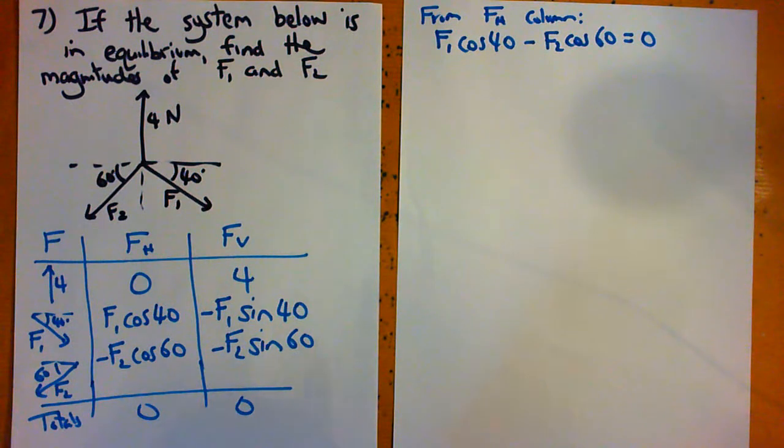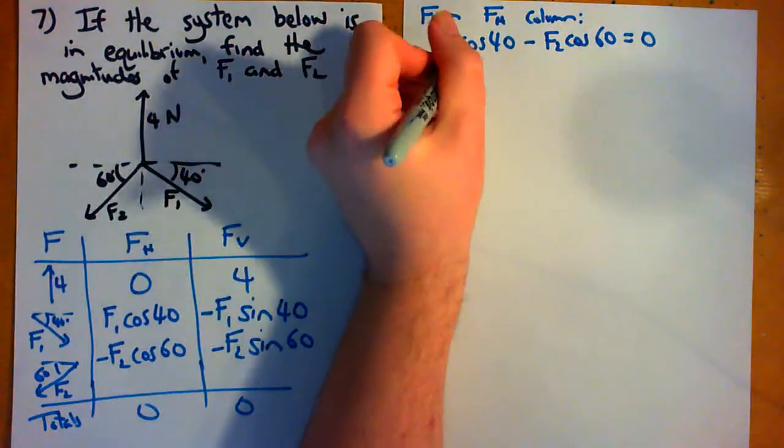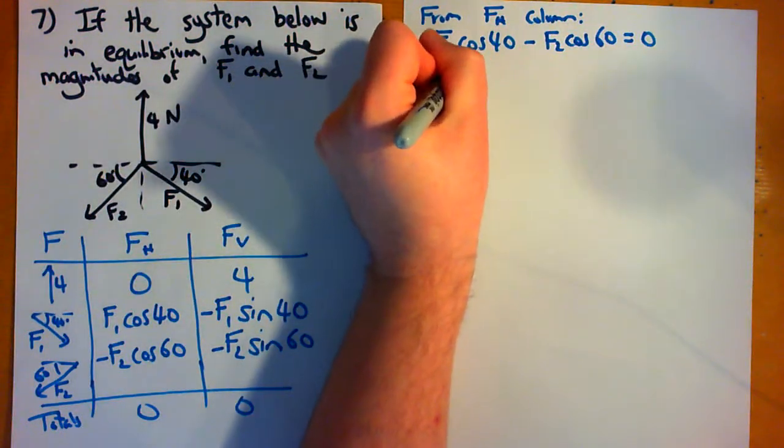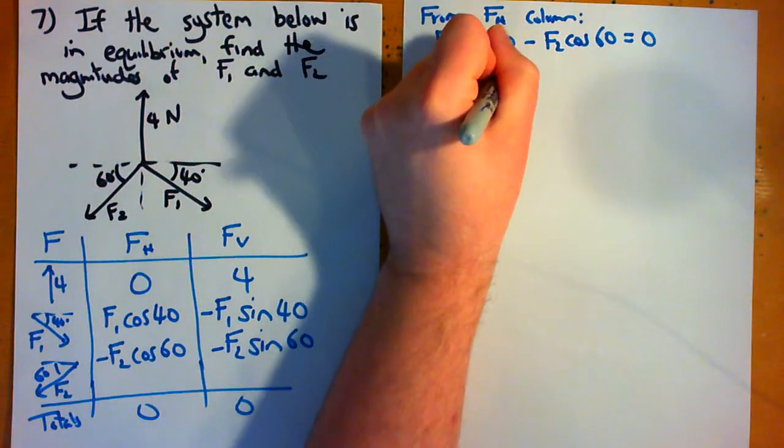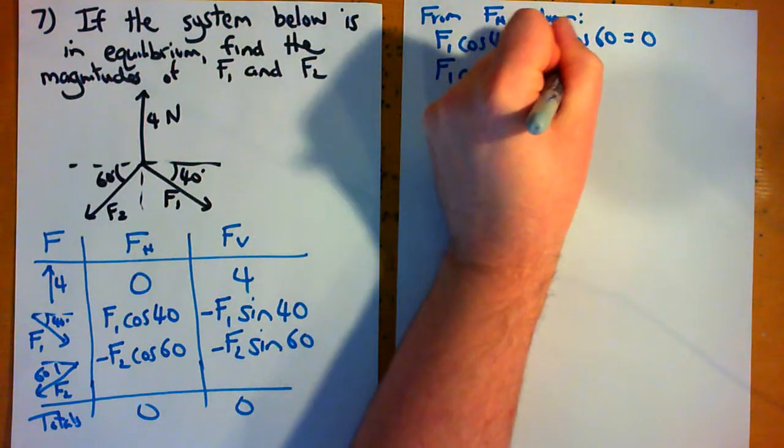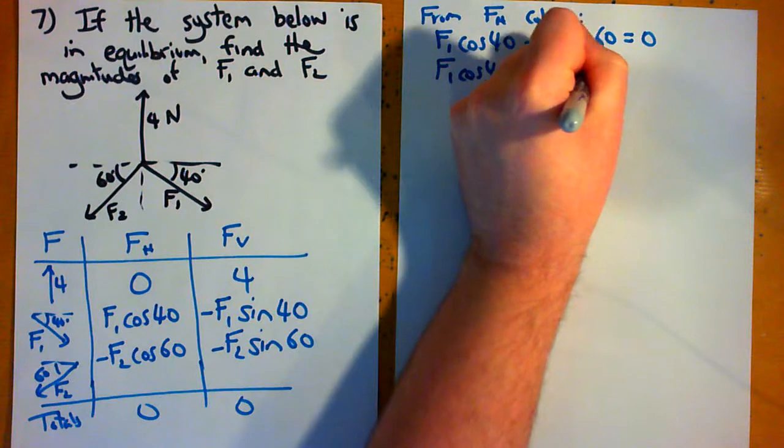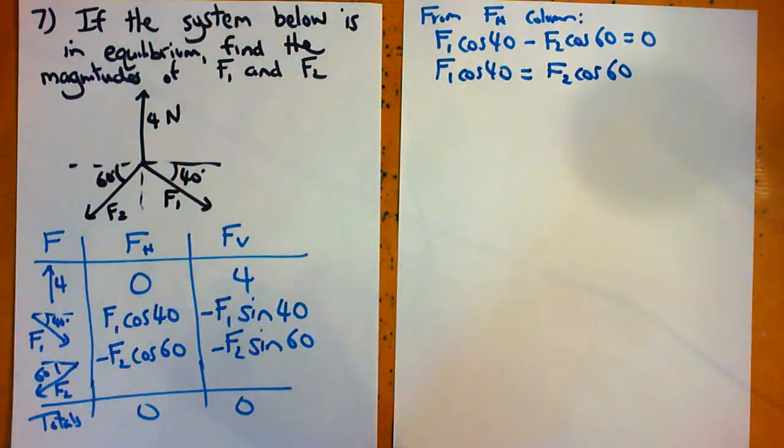So we could solve this for either F1 or F2. We'll go with F2. So let's move the F2 cos 60 to the other side. So we get F1 cosine of 40 equals positive F2 times cosine of 60. So we're solving it for F2.